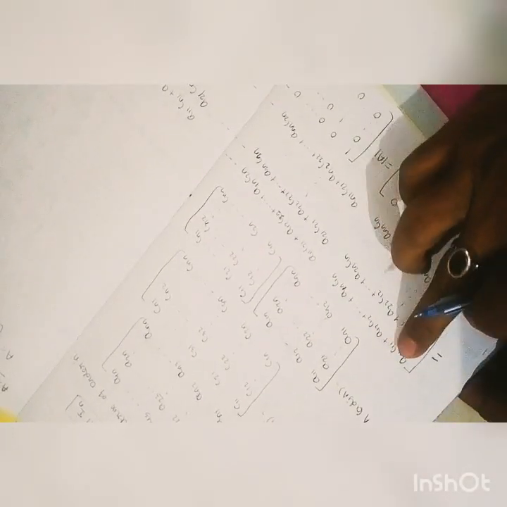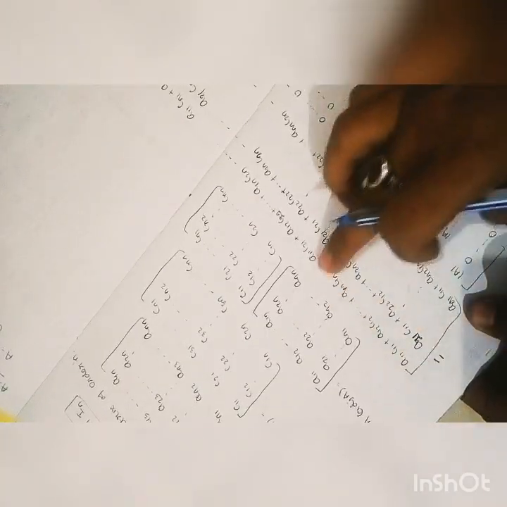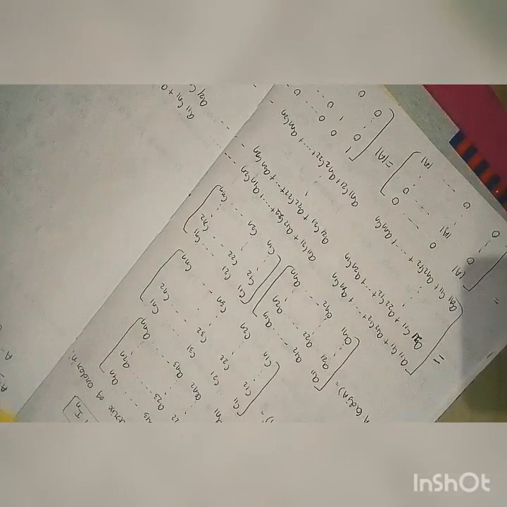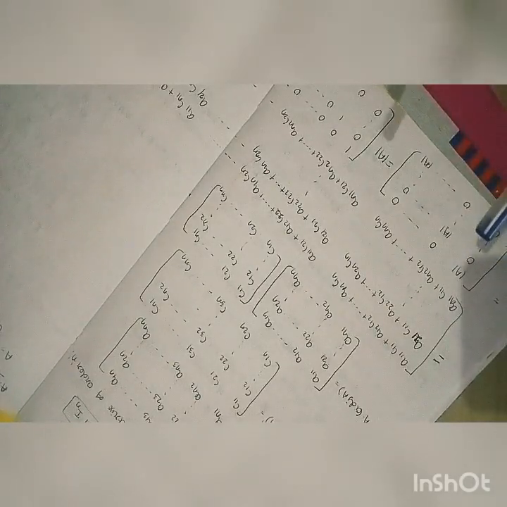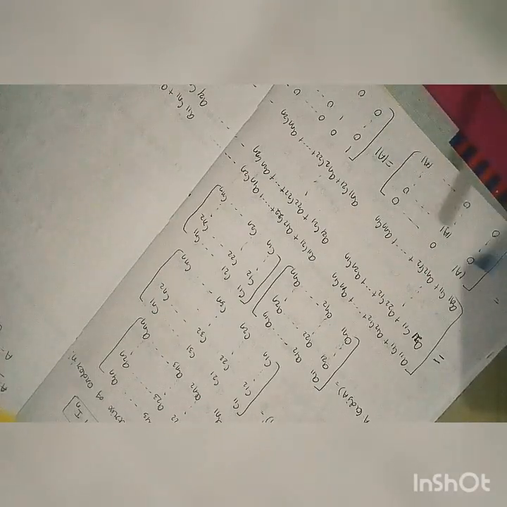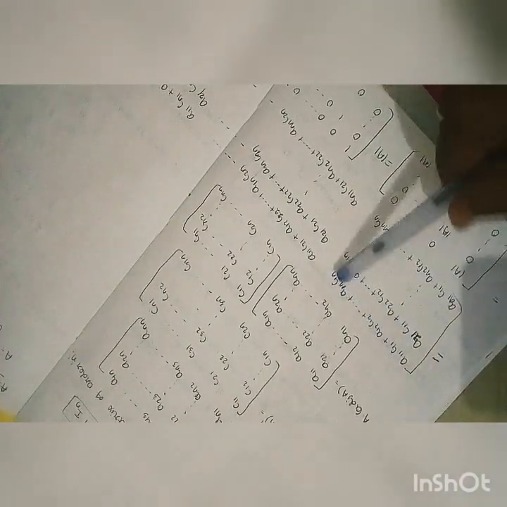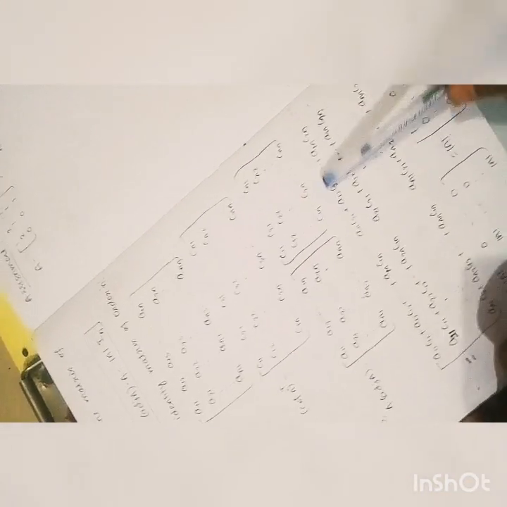The first entry is A11 C11, A12 C12, A1n C1n. We know from the properties of minor and cofactor that the sum of the products of the elements of any row or column with their corresponding cofactors is the determinant of A. So it is the determinant of A. Similarly the second entry is A11 C21, that is the elements of the first row into the cofactors of the second row, which is 0.